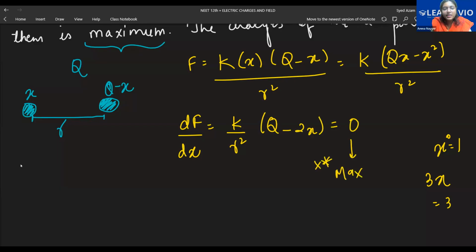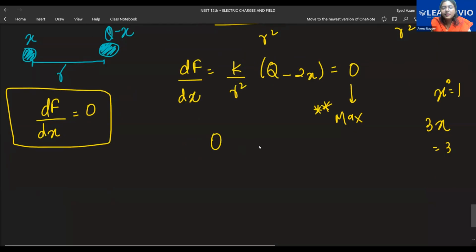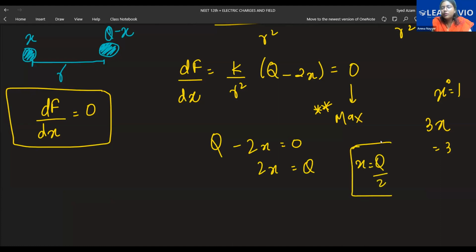When the force is maximum, dF over dx, which means dF over dq here, will be 0. Now you have q minus 2x equal to 0. 2x is equal to q. X is equal to q by 2. So you can remember it as a result also. When force is maximum, x is equal to q by 2. Is it clear?